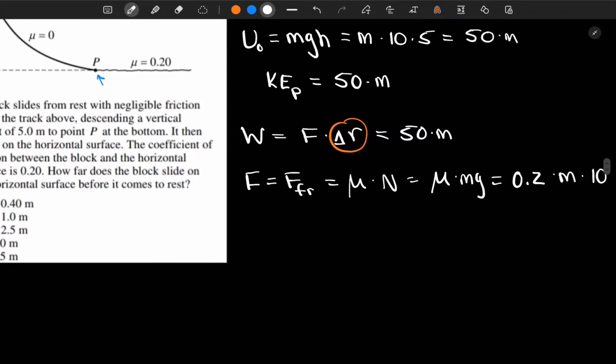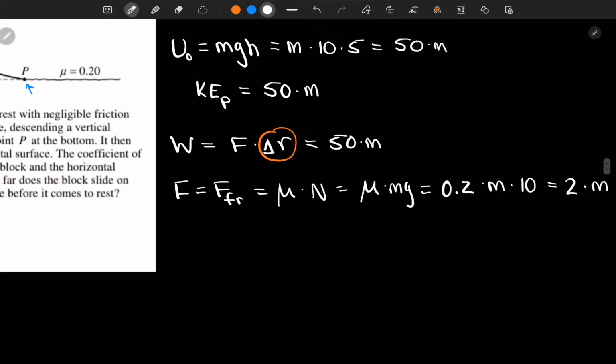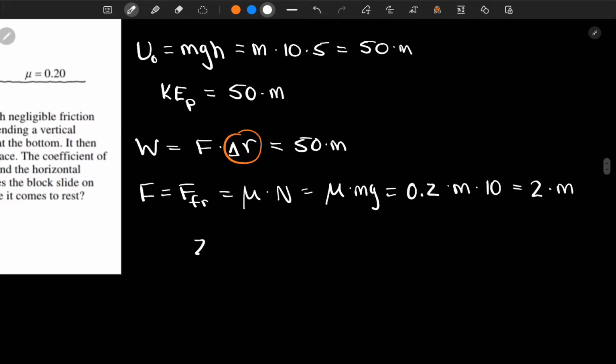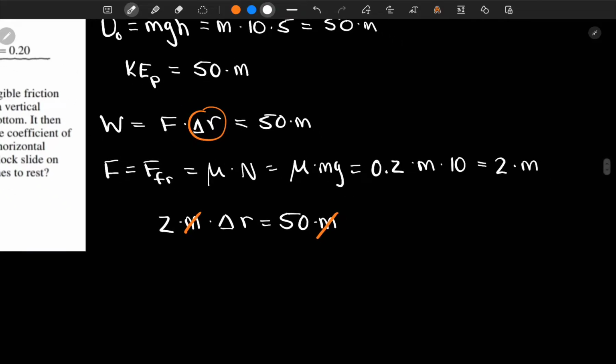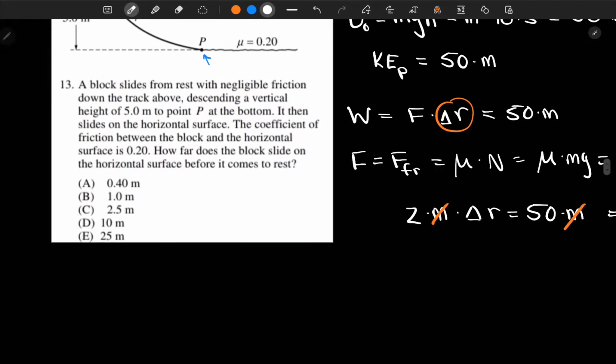Then we have the above equation, which says that 2 times m times the displacement delta r is equal to 50 times m. We notice now that the m's cancel, so the mass of the block doesn't matter. Then, solving for delta r, we find that the distance that the block can travel before it comes to rest is 25 meters. So the answer here is E.